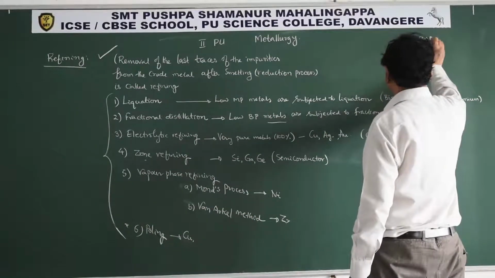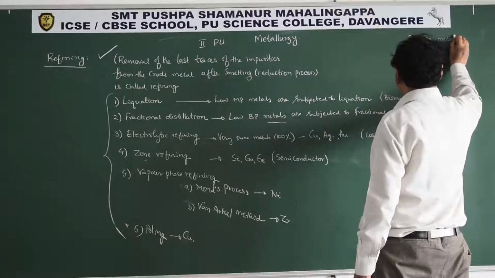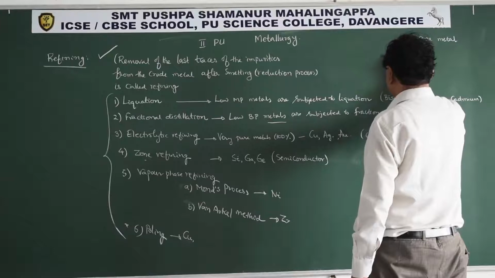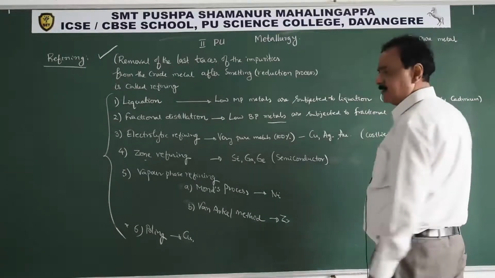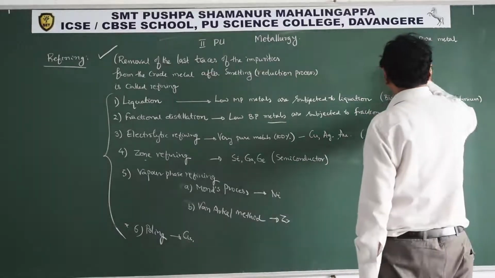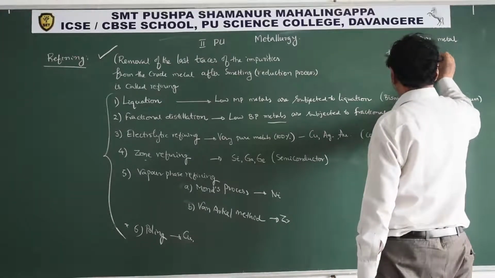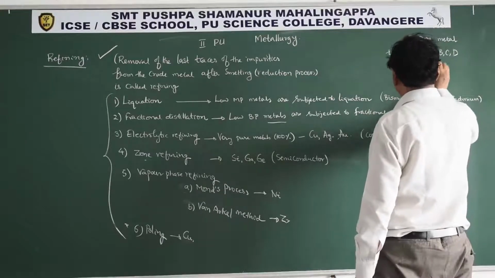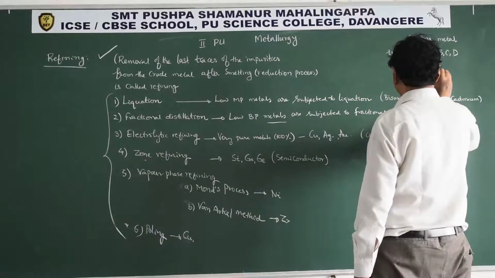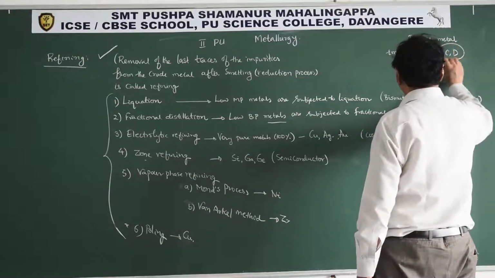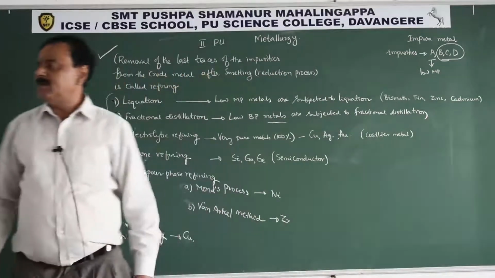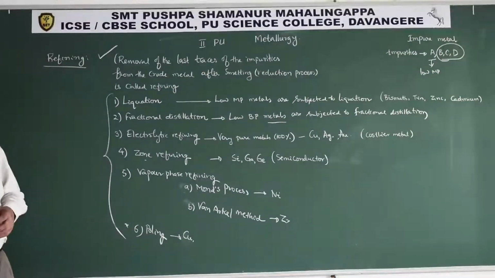Here the impurities may be A and B or C or D. If A has a low melting point, and B, C, D have high melting points, then we can separate A from B, C, D.